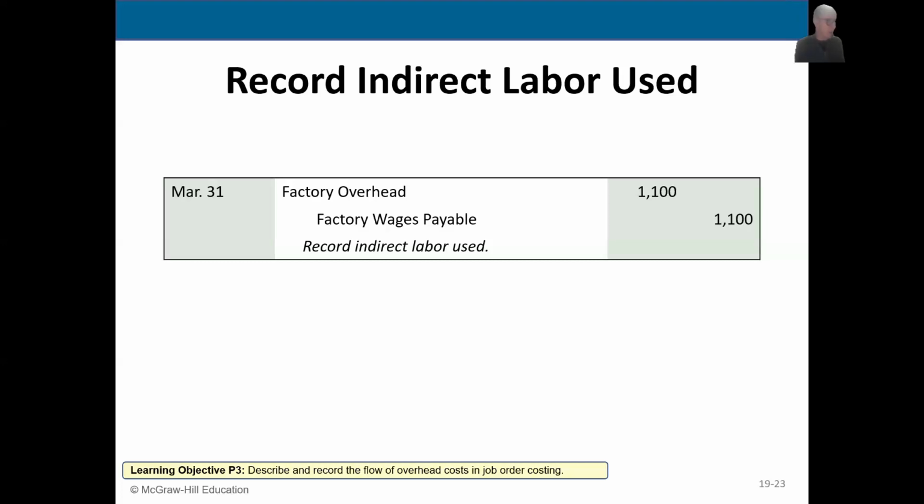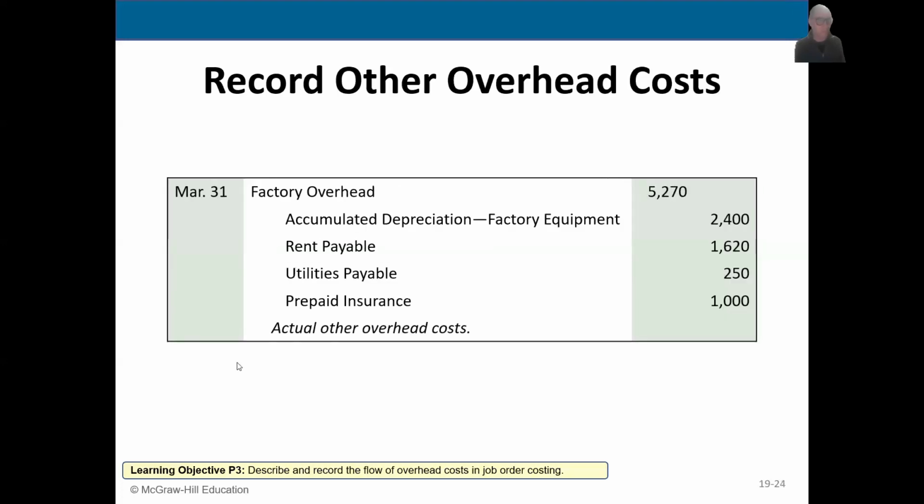What about all the other overhead parts that we actually incurred? I had incurred depreciation expense of $2,400, rent of $1,620, utilities of $250, and prepaid insurance of $1,000 for the month.